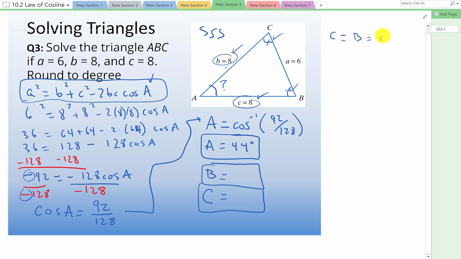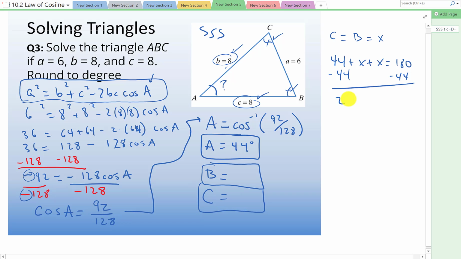Just for simplicity, I'm going to call them both x. So that means 44 plus 2x has to equal 180. And so if I minus the 44, 2x has to equal 136. Divide by 2, x has to equal 64 degrees. So they're both 64.